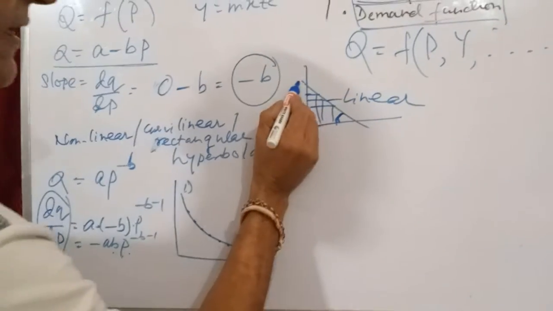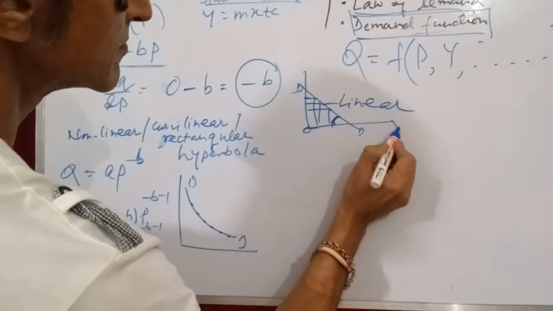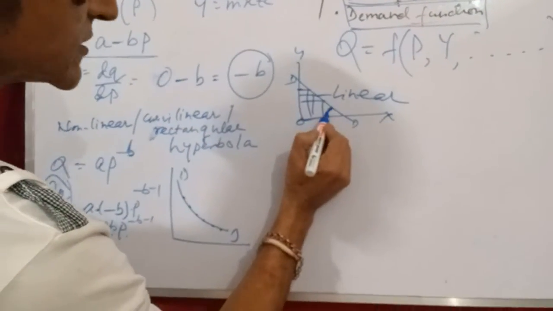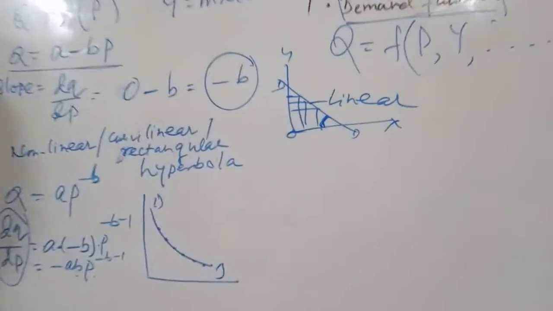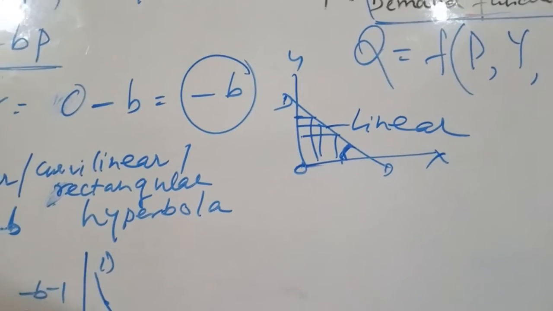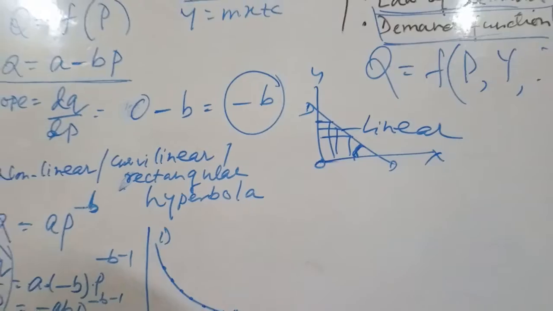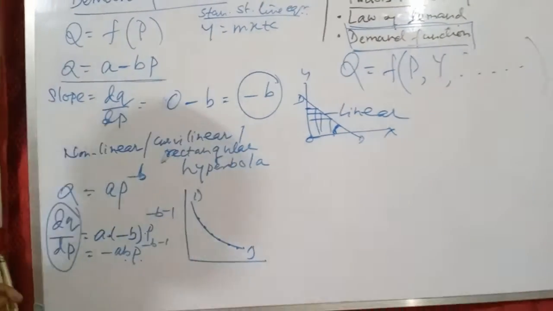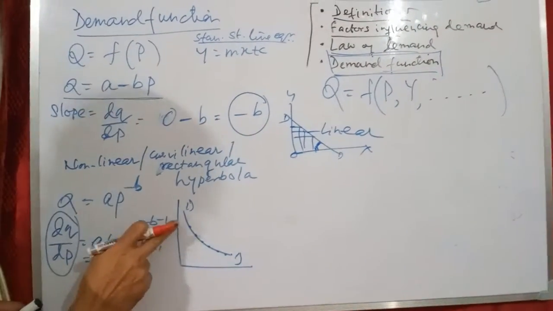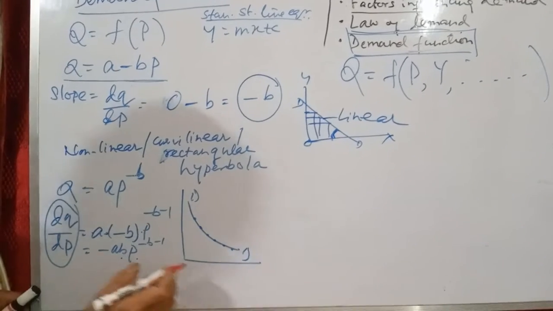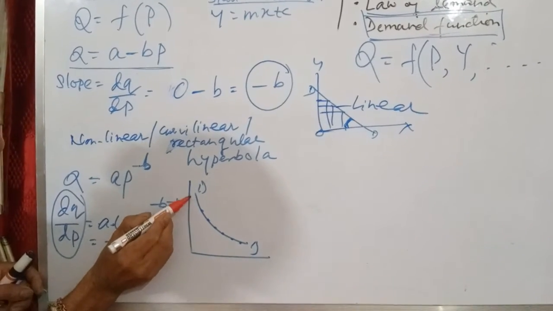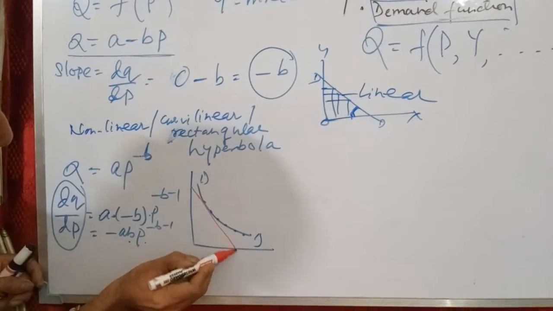When the demand curve is linear, the slope is the same, fixed. But when the demand curve is non-linear, that is curvilinear, slopes are different at different points. Here, this will be the slope.